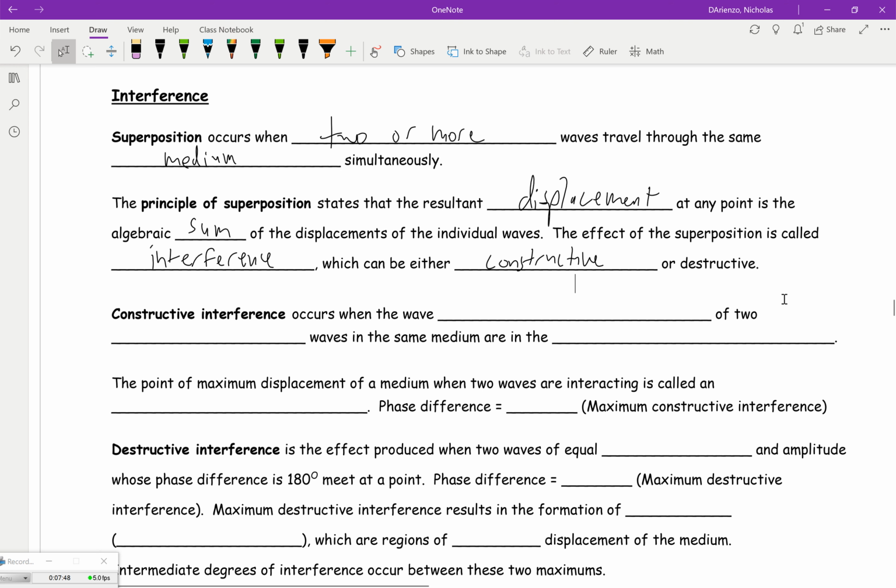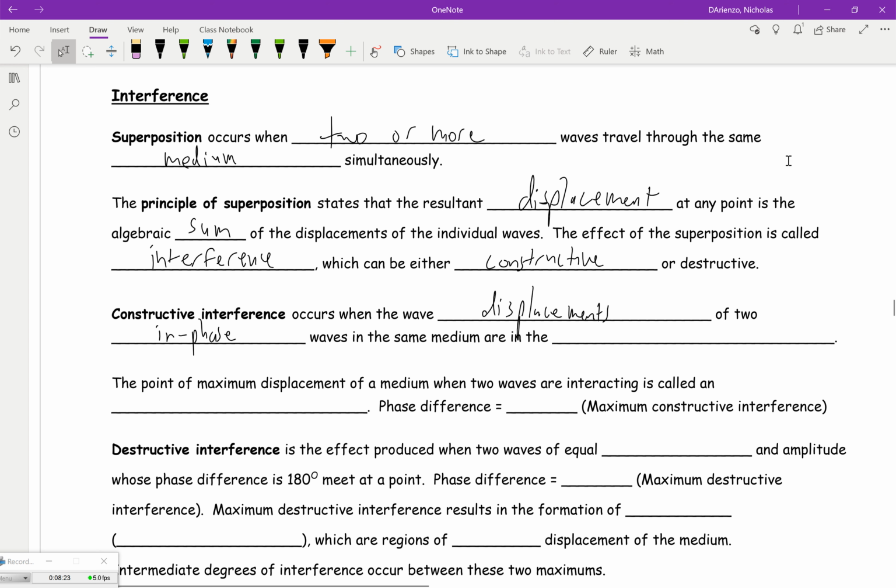So constructive interference occurs when the wave displacements of two in-phase waves, so they're not out of phase at all by any degree.